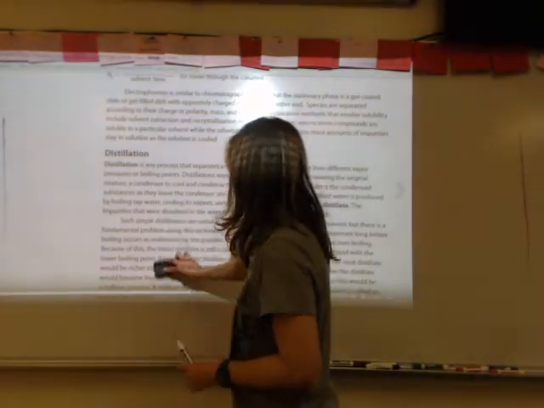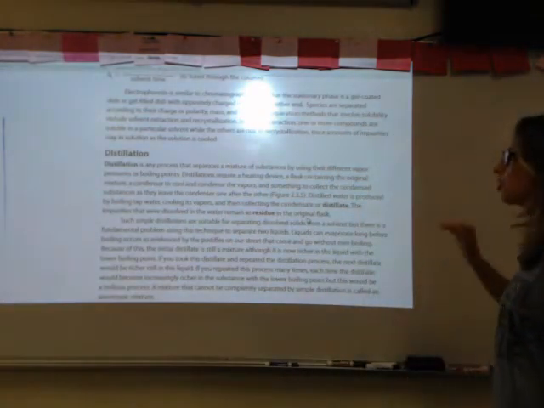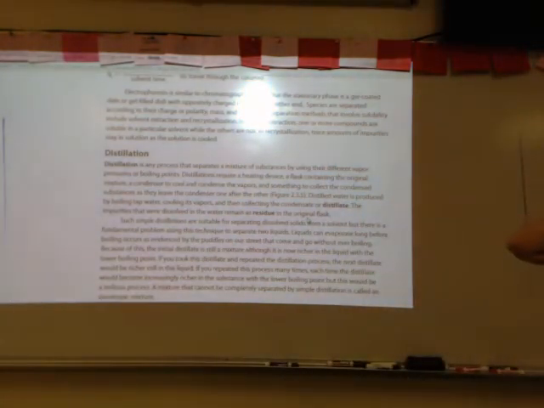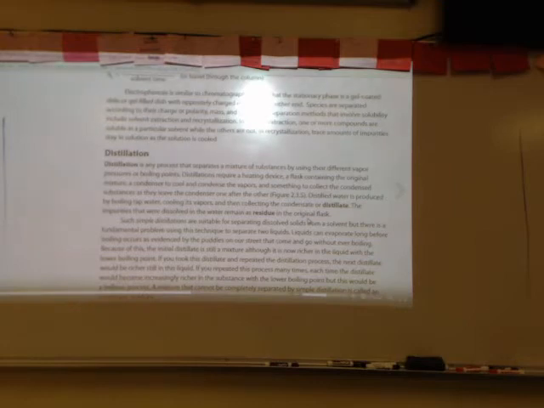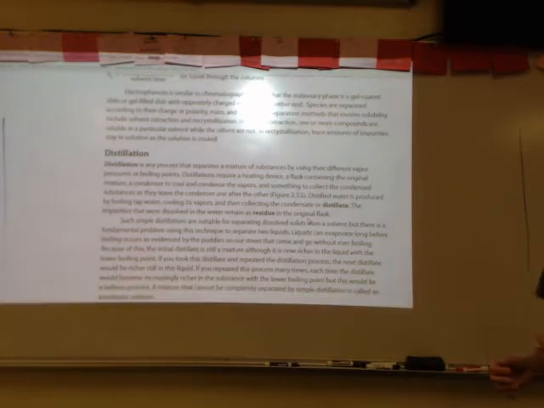Now, electrophoresis is something that is often done in biology or in a biochem lab. And electrophoresis is similar to chromatography in that it has a stationary phase, a non-moving phase, which is a gel. In chromatography, the chromatography paper is your stationary phase.